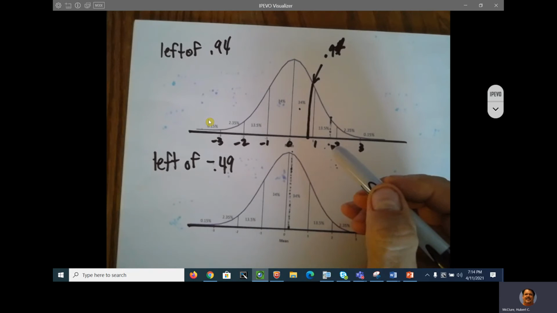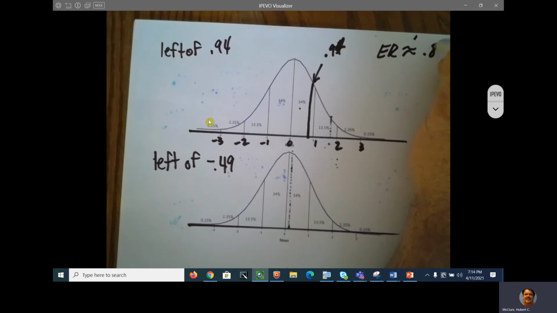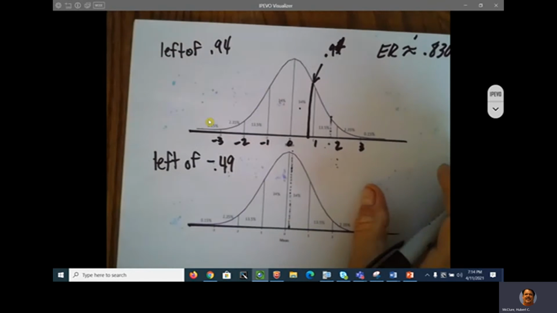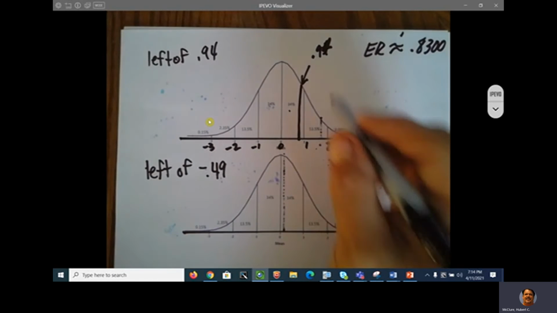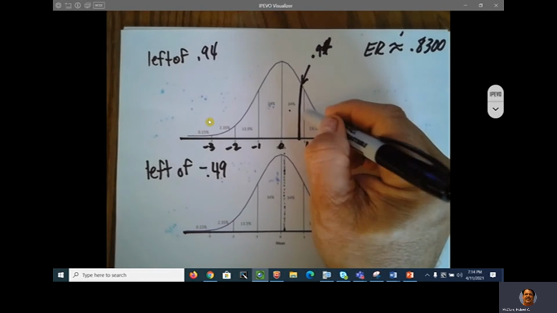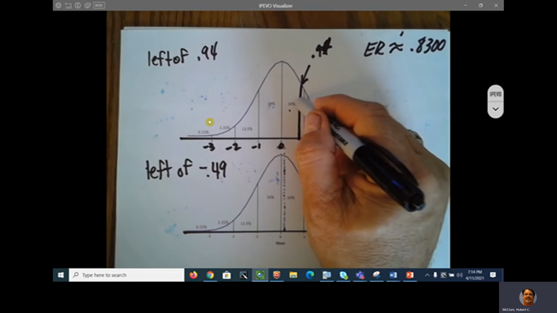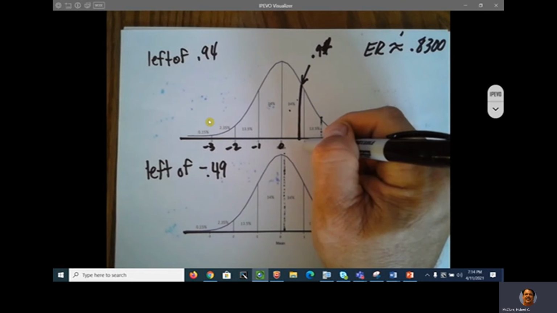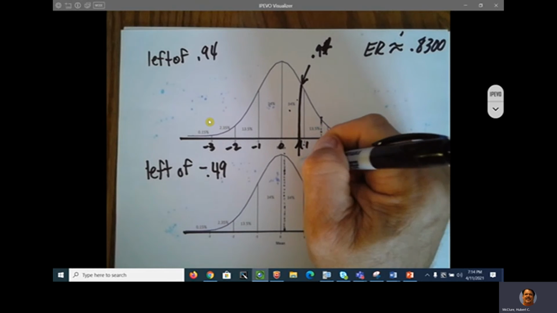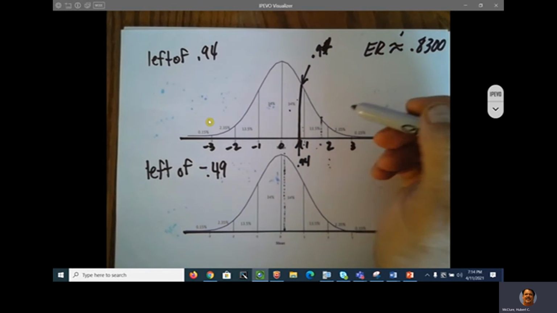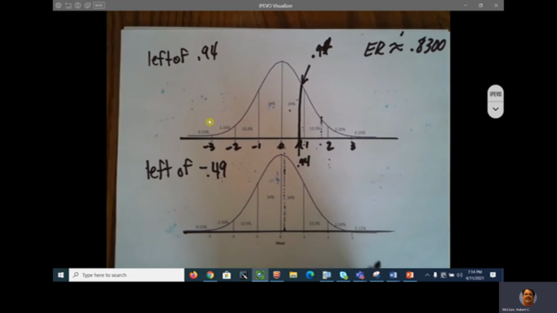So by the empirical rule, I'm going to say it's around 0.8300, because it's right under 84%. 84 is right here on this little line. 0.94 is right there, so I moved back off of 84 a little bit. So I'm going to say 83.